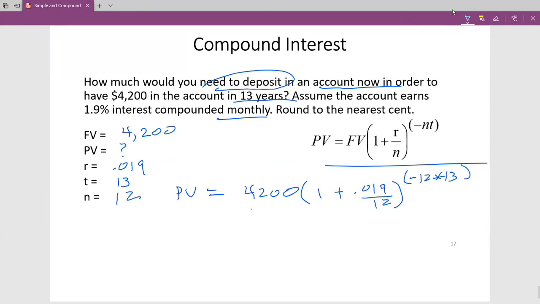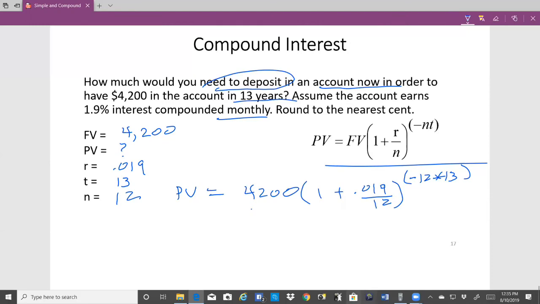And put this in your calculator. And I'm going to also do this with the on-screen calculator just to show you how to handle the negative exponent.